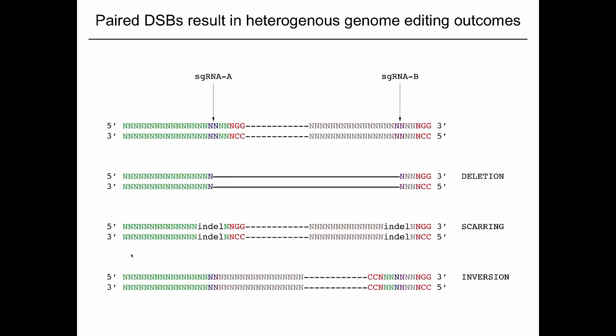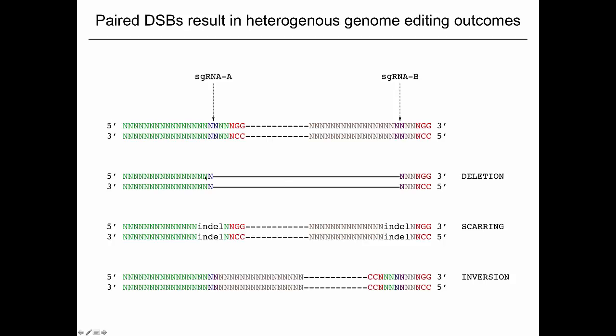I wanted to make one point about paired double-strand breaks, because this is often a definitive mechanism to delete a given element. And so what happens here is, as shown with these two sgRNAs A and B, that there's a pair of cleavages, and then there's actually 4 ends of the DNA that the non-homologous end joining machinery can act on to paste back together.